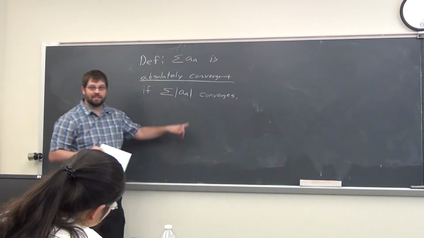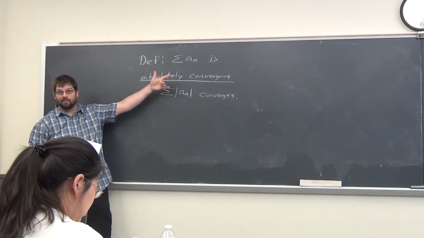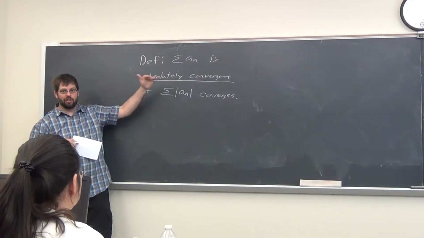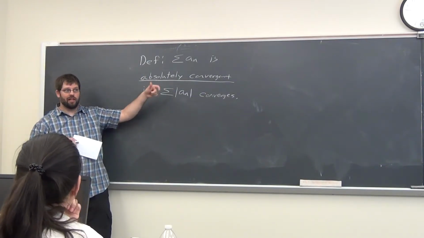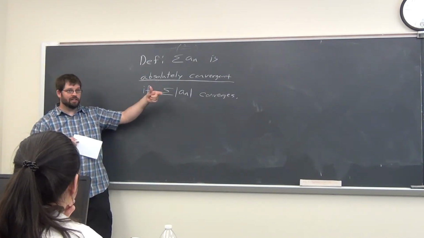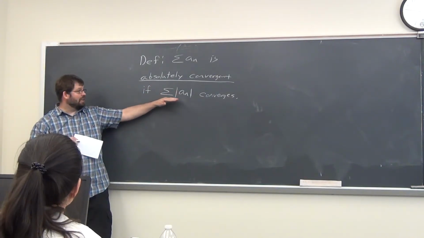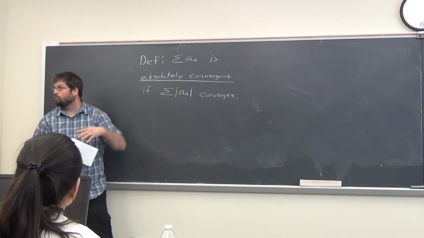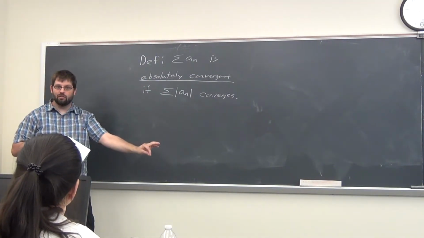So if I take the sum and I replace the a sub n's with the absolute value. If your series is positive, being convergent and being absolutely convergent are the exact same thing, right? But if your series has alternating signs, or some positives, some negatives, then they could be very different things. And this idea of being absolutely convergent is measuring the series where they converge because the terms go to 0 very quickly.